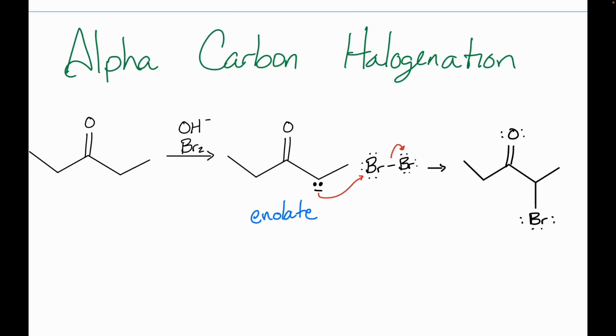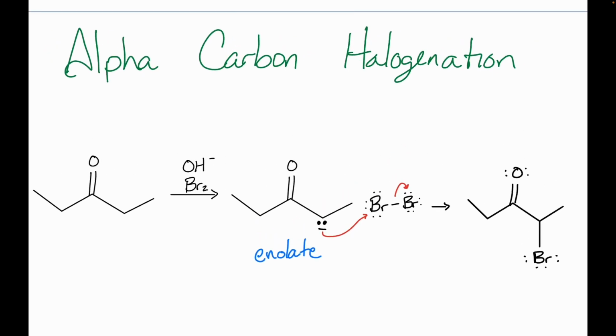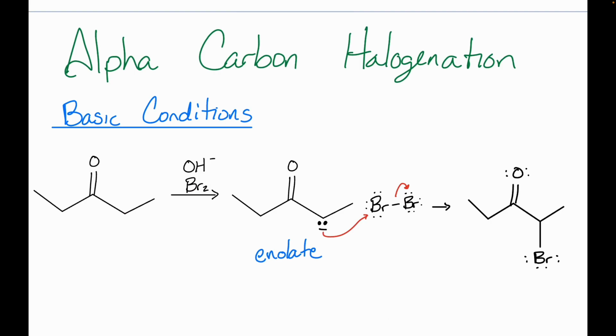Okay, so actually real quick, let's just remind ourselves this is now basic conditions. Under basic conditions though, you can't stop it here. It's actually going to go and react again and again and again.